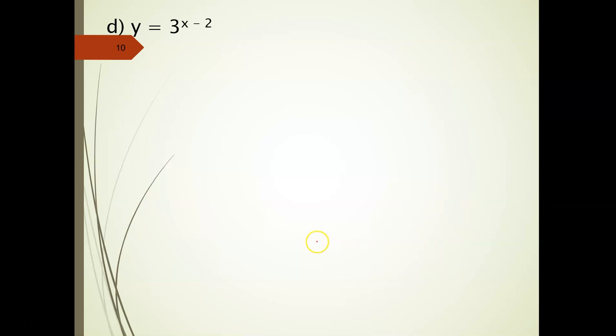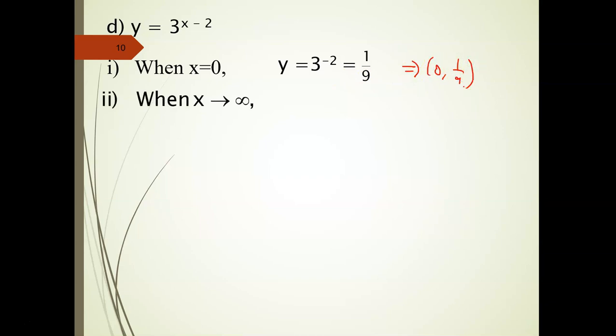Okay, how about D? D is 3 power x minus 2. When x equals 0, then your y will be 3 power 0 minus 2, which is 3 power negative 2. So you will have 1 over 9, and your coordinate will be (0, 1/9). Then number 2, x approaching infinity, then y will approach infinity as well.